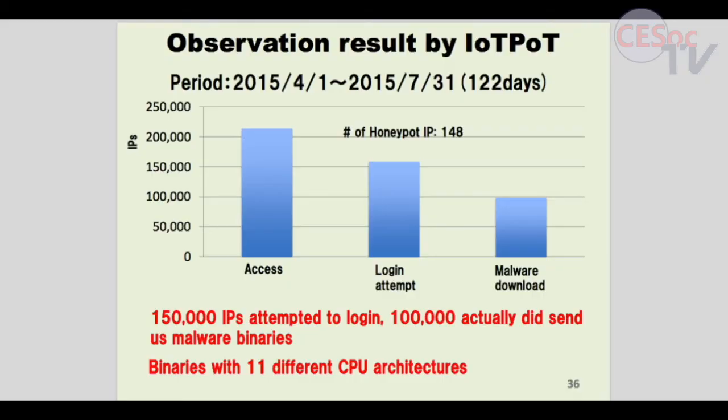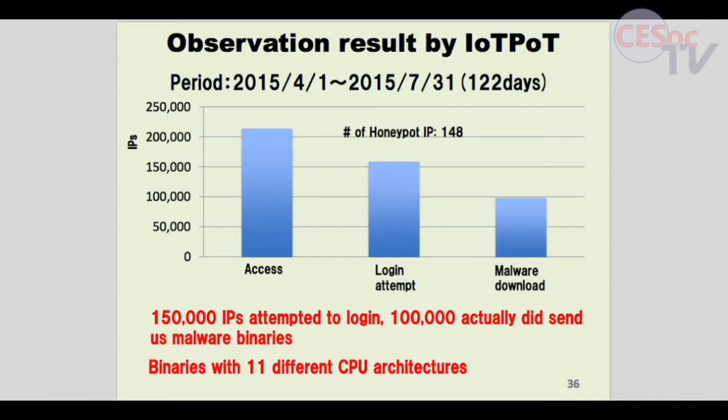This is the observation result by the IoTPOT honeypot. It's a bit old data, but 150,000 IP addresses attempted to log in, and 100,000 actually sent malware binaries. Interestingly, the binaries were built for 11 different CPU architectures, so many CPU architectures.